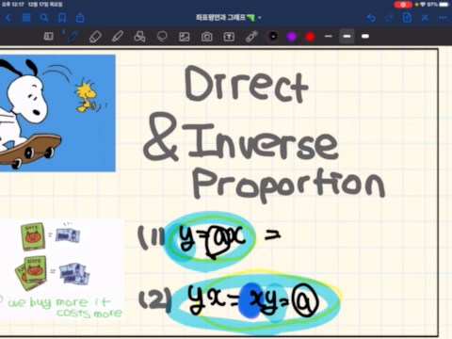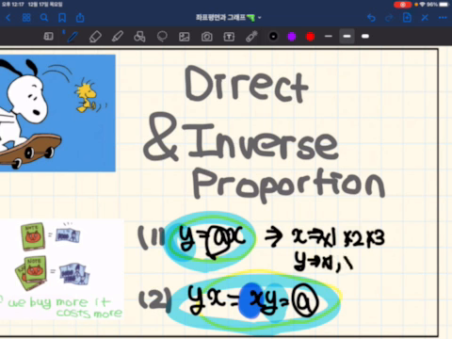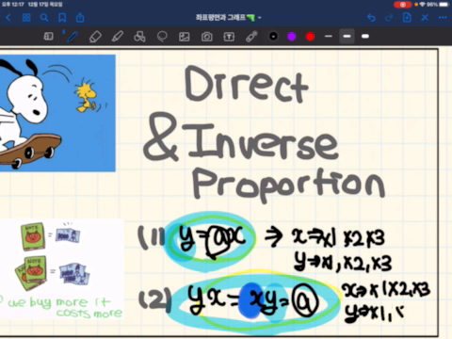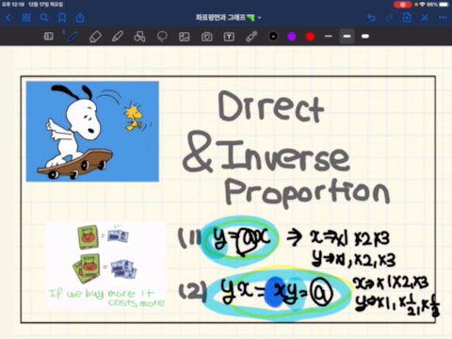To talk about this more specifically, if x becomes times 1, times 2, times 3, then y also becomes times 1, times 2, times 3. And if x becomes times 1, times 2, times 3, then y becomes times 1, times 1/2, times 1/3.